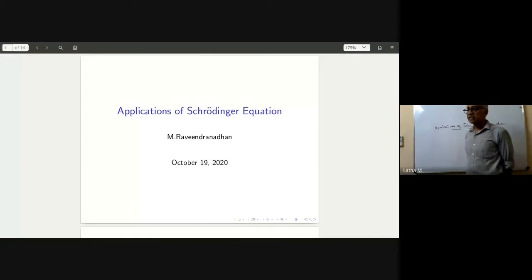For example, if you consider classical mechanics, what we are doing is the solution of the Euler-Lagrange equation or the Hamilton's equation.